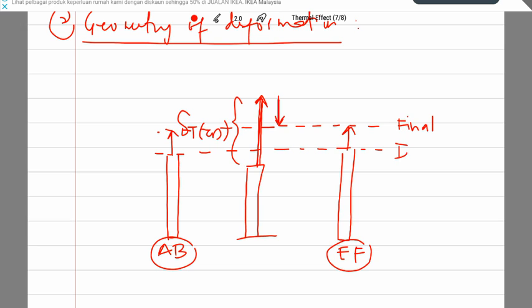And this is the initial position of the bar, and this is the deformation of rod CD caused by the internal force.